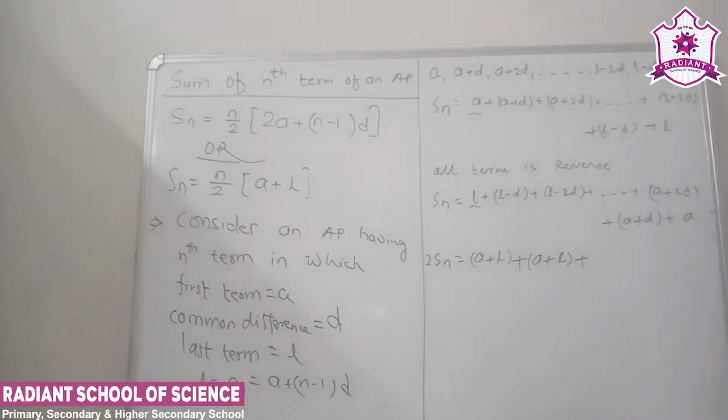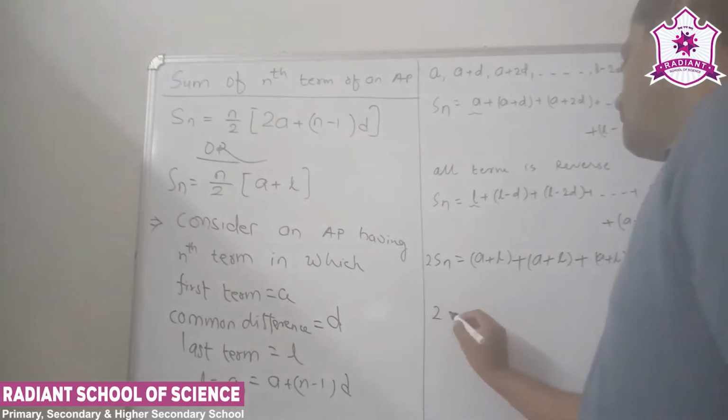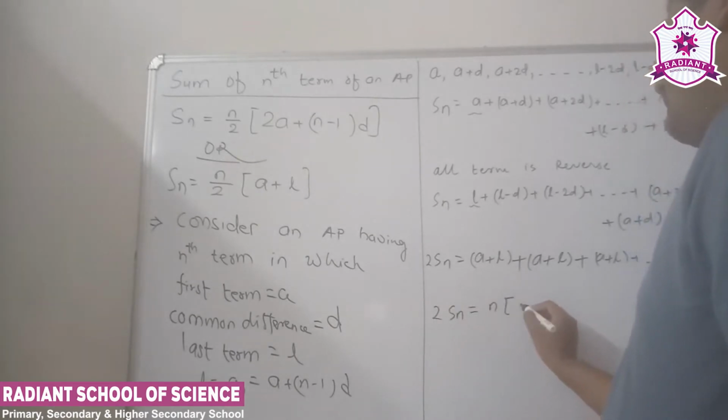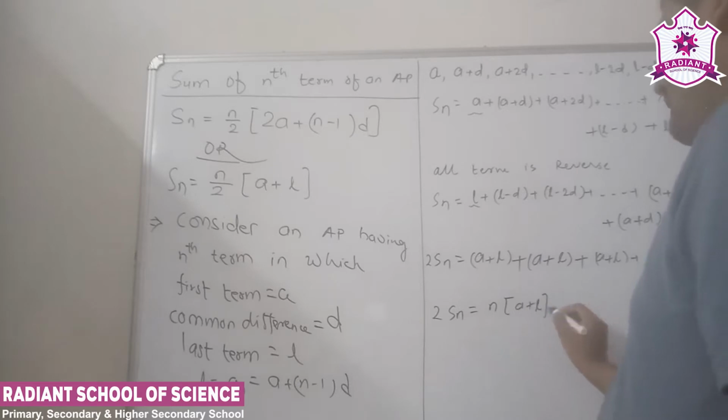Third term here a plus 2d, here l minus 2d, the 2d's cancel, again a plus l. Plus up to a plus l, n times. So 2Sn is equal to n times (a plus l).